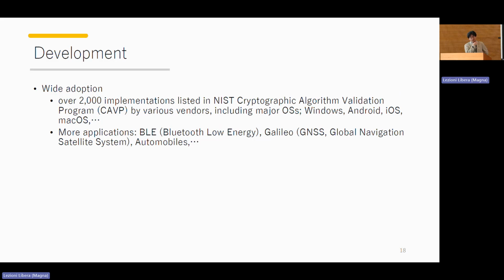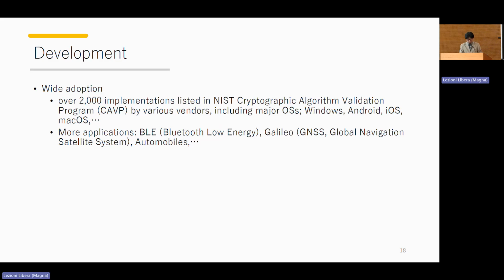And it has been widely adopted in many applications. There are more than 2,000 implementations listed in this NIST CAVP program by various vendors, including major operating systems like Windows, Android.